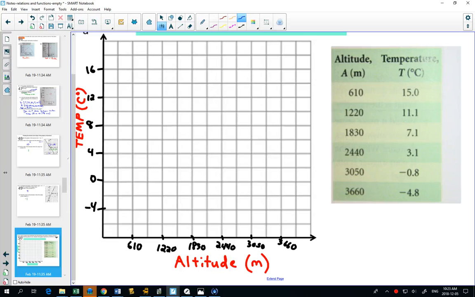And so at 6:10 we have a temperature of 15. 12:20 we have a temperature of 11.1. 18:30, 7.1. 24:40, 3.1. 30:50, negative 0.8. And then negative 4.8. Makes a nice straight line.